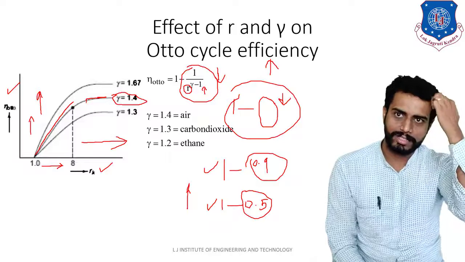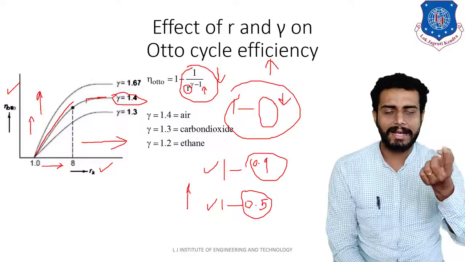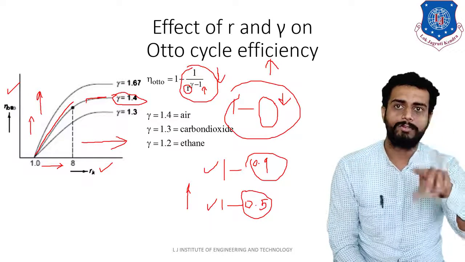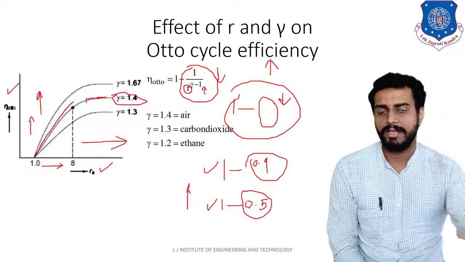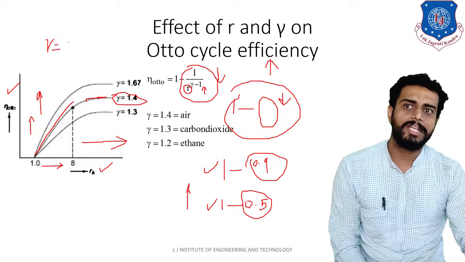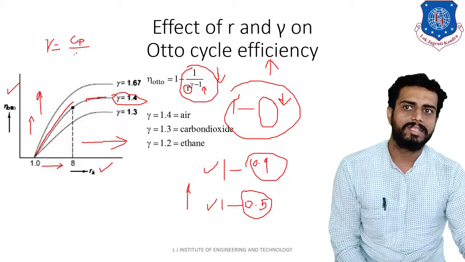And also you can observe one result: if you increase the R, that is compression ratio, then efficiency will increase. And second result is, if you increase the gamma, then also the efficiency will increase. Now what is gamma? Gamma is nothing but the ratio of Cp divided by Cv. Okay students, Cp divided by Cv. And Cp and Cv you might be familiar with.